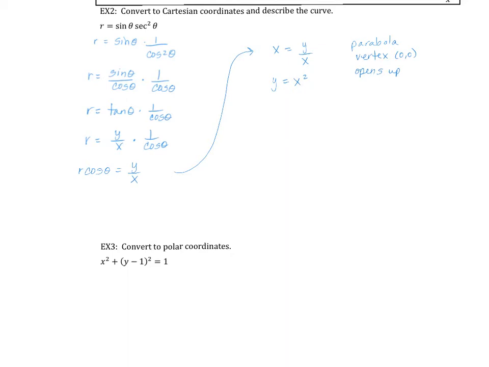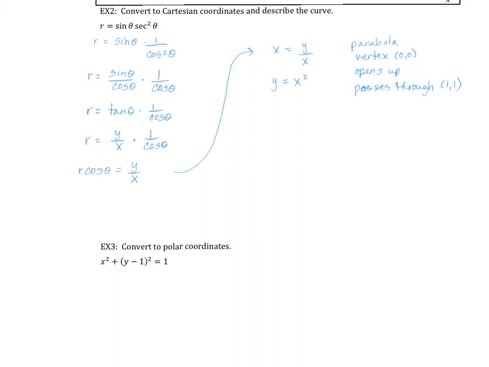I just need to know how wide it is, so maybe I can get a point that's passing through it. When x is 1, y is 1. So this also passes through the point 1, 1. And I think that's sufficient. That's specific enough. There's only one parabola with a vertex at 0, 0 that opens up and passes through 1, 1.